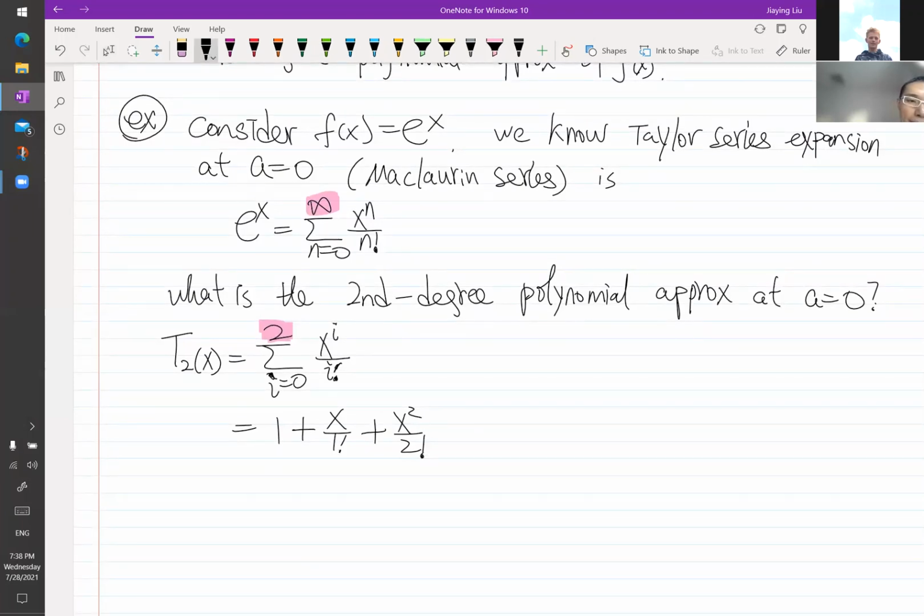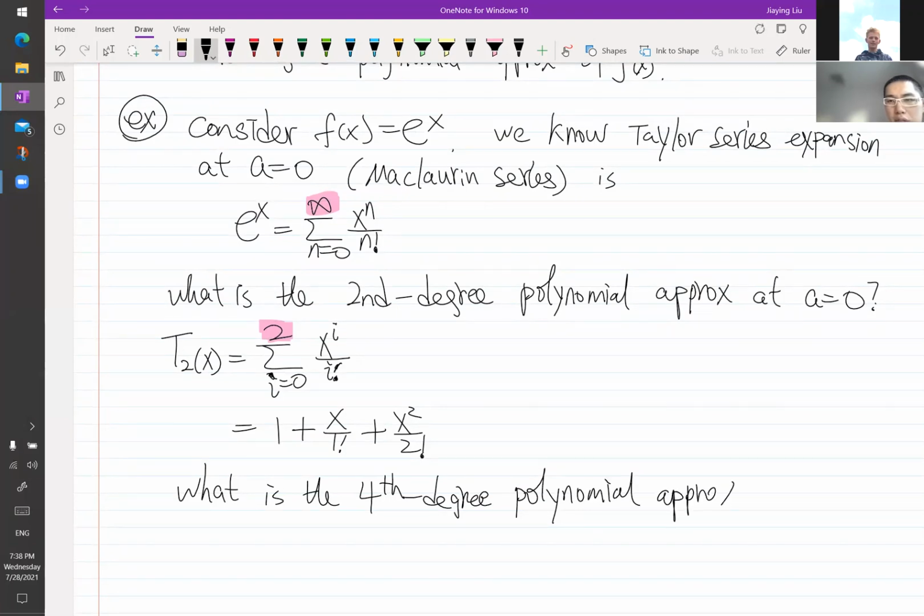And what about the fourth degree polynomial approximation of e to the x at a equals 0? It's pretty much the same as the Taylor series, just a finite number of terms, not infinity.